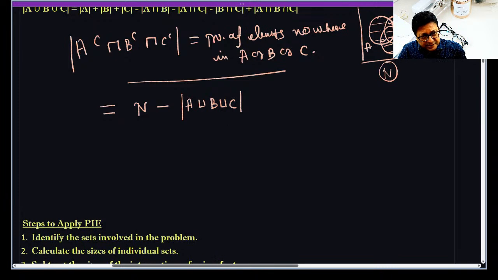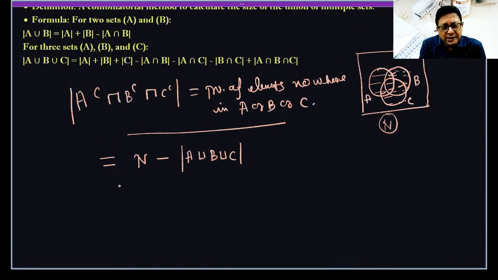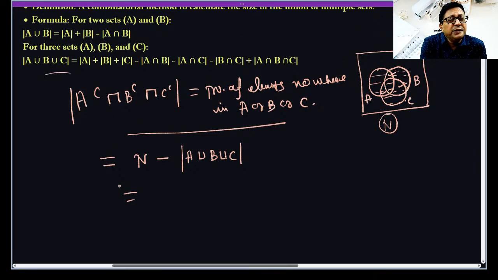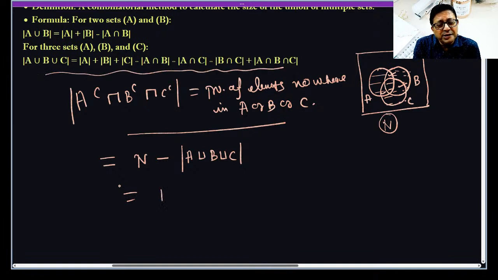So this thing we can find it by putting the value of A union B union C cardinal number n minus this thing.